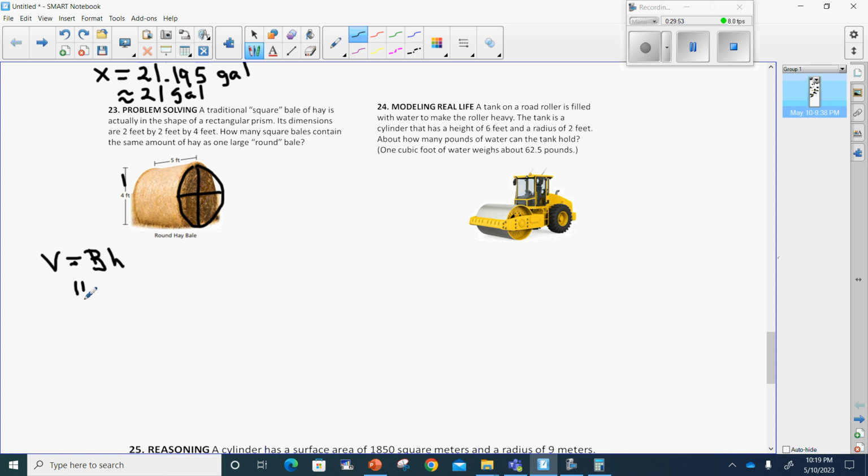So when I have pi r squared times the height, which is 4, I know this is 3.14 times, well, that's going to be 1 to the second power. So that's going to be 1. We're multiplying this by 4. Well, now I know 3.14 times 1 is 3.14. And now we're multiplying that by 4.